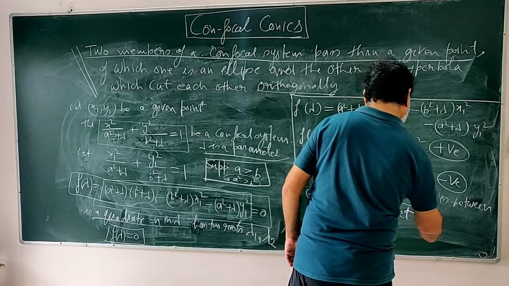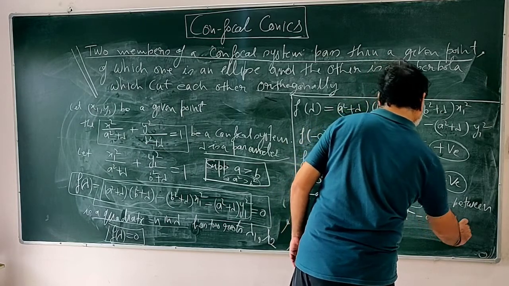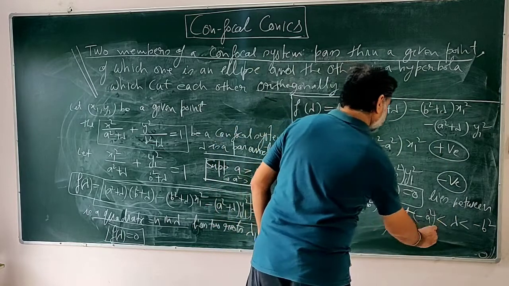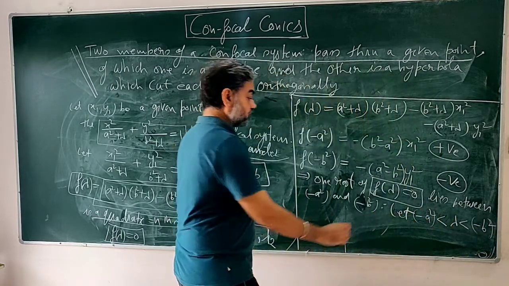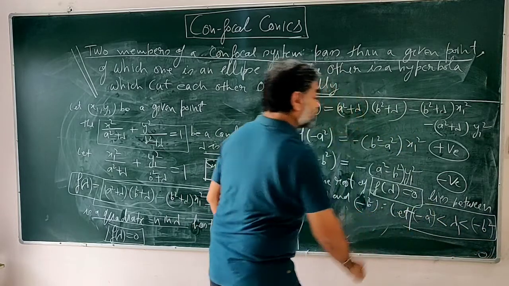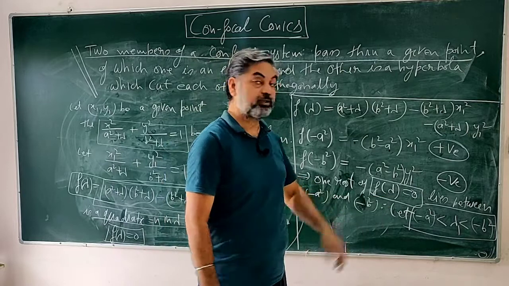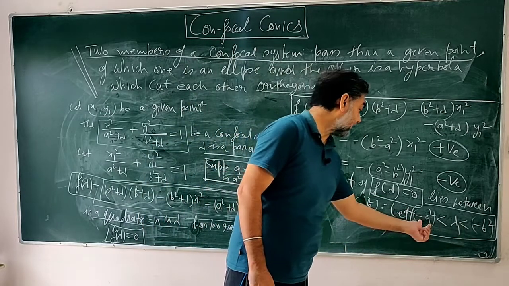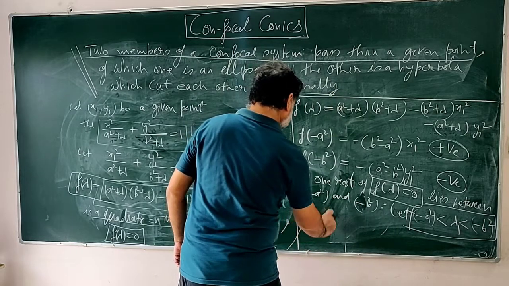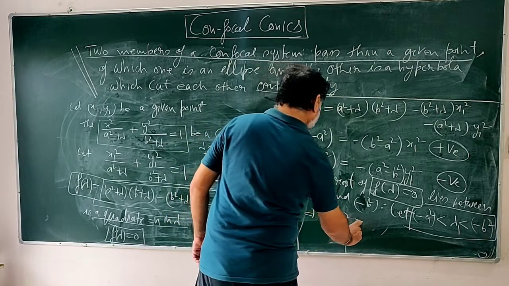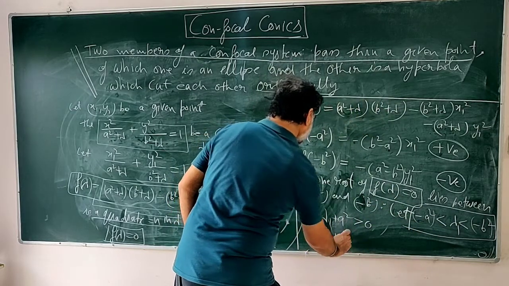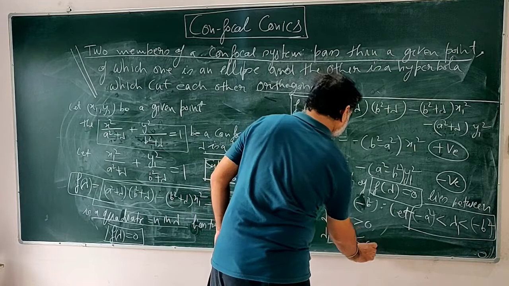So let minus a square be less than lambda 1, less than minus b square. This implies lambda 1 plus a square is positive, and lambda 1 plus b square is negative.